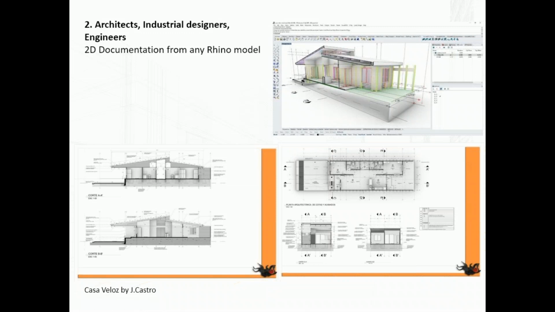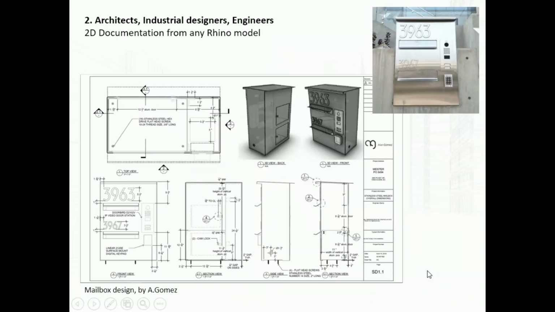Just by assigning section attributes and line weights, and using the VisualARQ tools to generate section and plan views, this architect generated all the 2D drawings with VisualARQ. And this use goes from architectural projects to projects of other scales, like this mailbox designed by Alan Gomez, that also uses VisualARQ for generating the sections and plans of this piece of geometry.